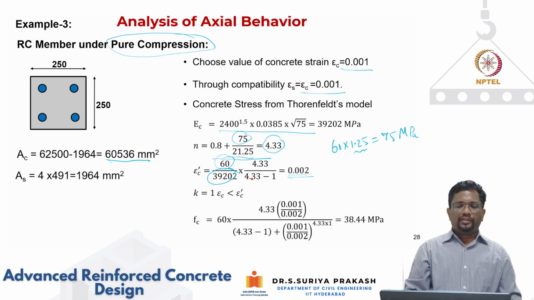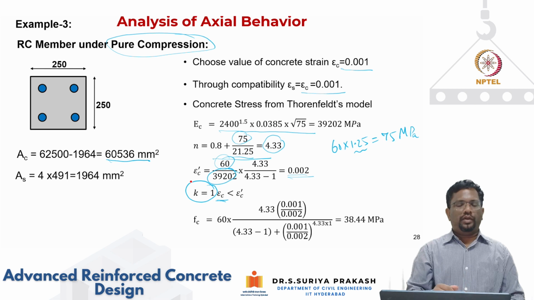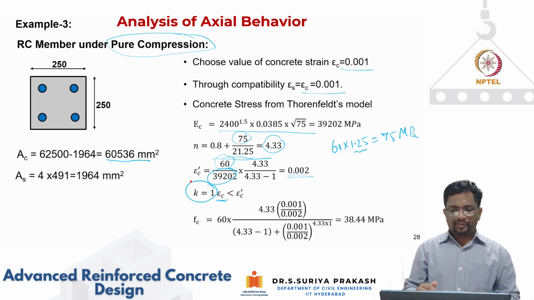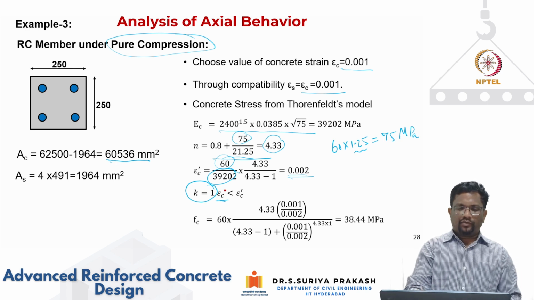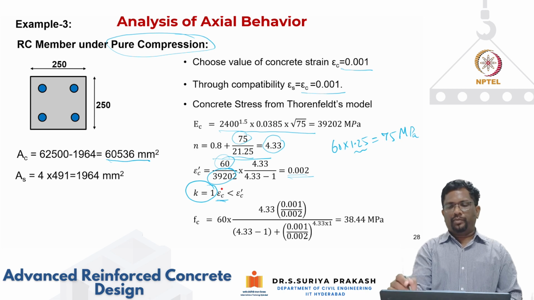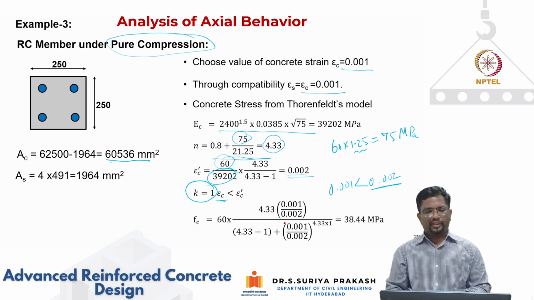Okay. And K, for the pre-peak regime, when epsilon C that we are considering is less than epsilon prime C, I have to take as 1. When epsilon C goes higher than epsilon prime C, then I have to find out the values for K. So for example, in this case, I am taking epsilon C equal to 0.001. Now, 0.001 is lesser than 0.002, which is epsilon prime C. So that is why the K value will remain the same, 1.